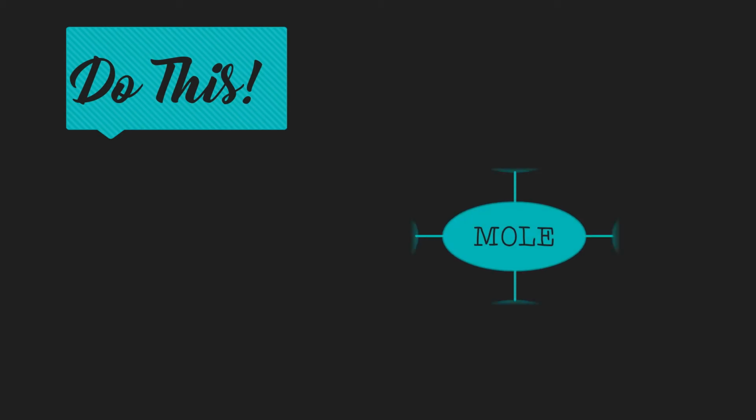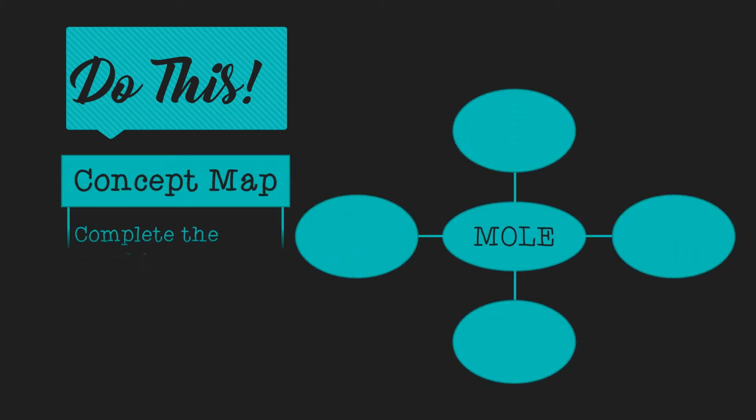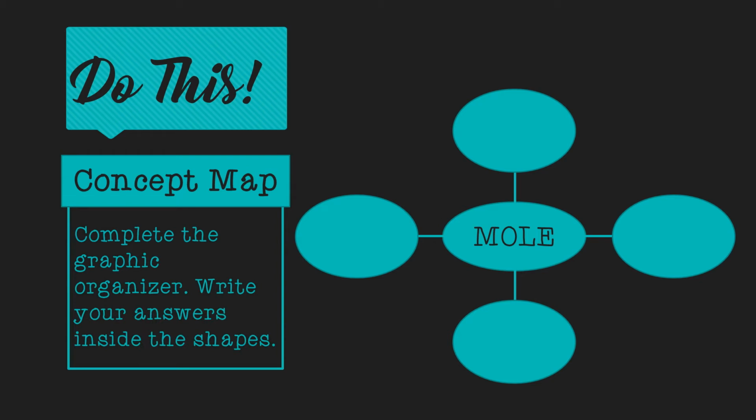Now, let us do this. What comes first into your mind when you hear the word mole? For this activity, you are going to complete the graphic organizer and write your answers inside the shapes.